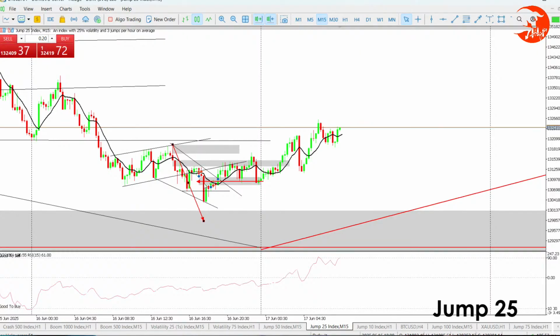So I kept holding, and then it took me out in profits, then tried to enter again when it reacted to this fair value gap, but again it was playing around, so it took me out again, and the profits I had made here were taken right there, so it's like I broke even. So that's how this went crazy on jump 50, jump 25.